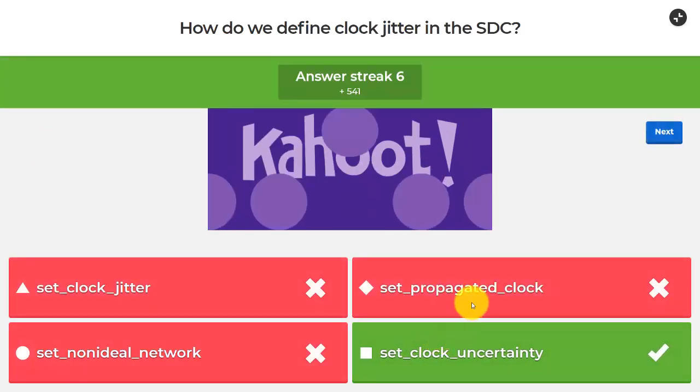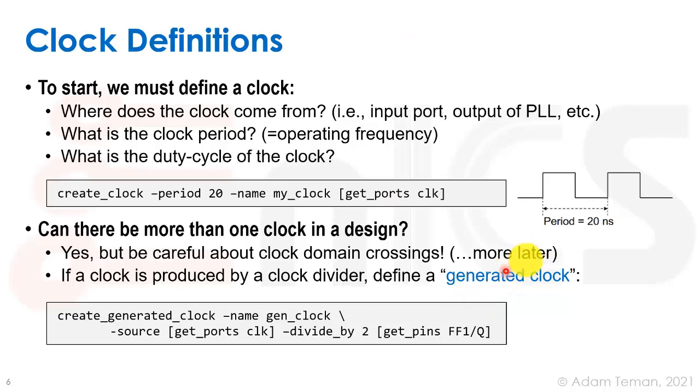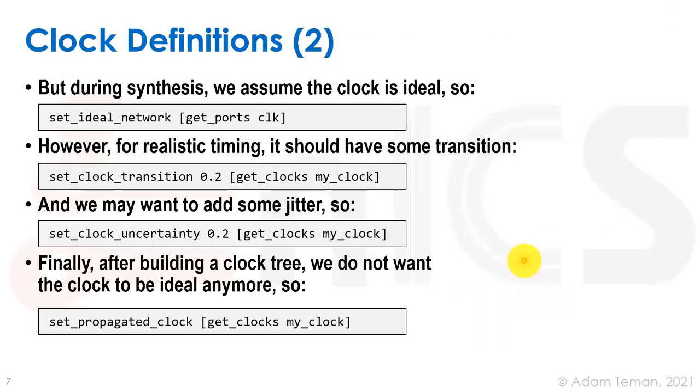Okay, that was a bit strange, but these commands were written quite a long time ago, when maybe some of the nomenclature changed, or maybe they had some reasons for it. But we have some important clock definition attributes that we discuss. The one to talk about jitter, or any type of extra, random margin, would be set clock uncertainty.